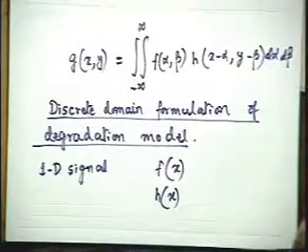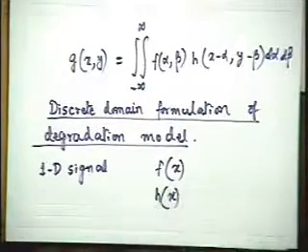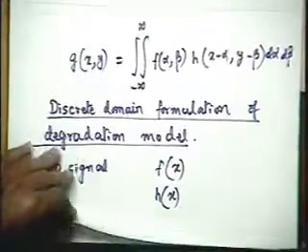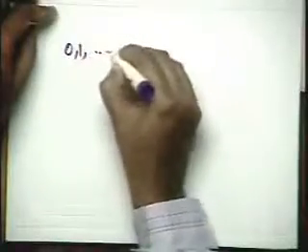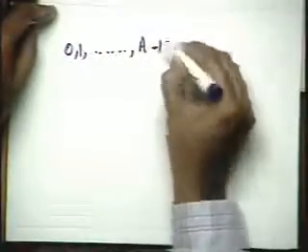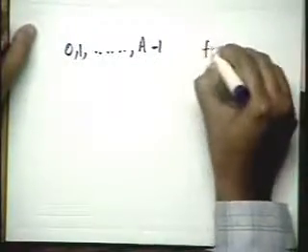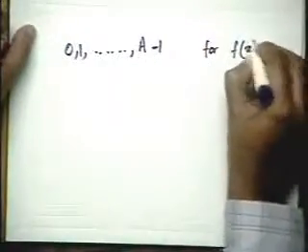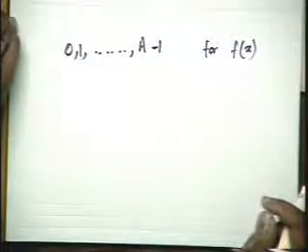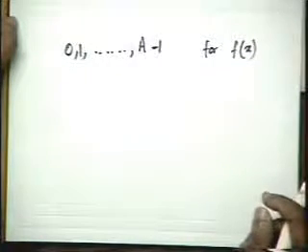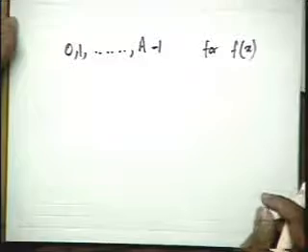And let us assume that x is a discrete variable, so that x is defined in the range of 0, 1, etc., up to some constant capital A minus 1 for f of x. So that means we are taking capital A number of samples for f of x. Okay.